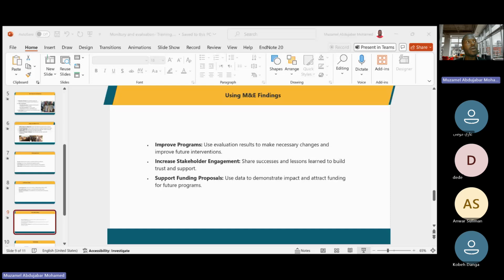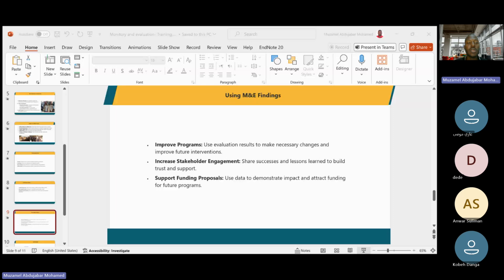You can tell them we have, like, 10 health facilities, you have 3 million beneficiaries. In the proposal you can use this data which you collect from the monitoring and evaluation, and it can make your proposal more supportive and more impactful or convincing to the donors.